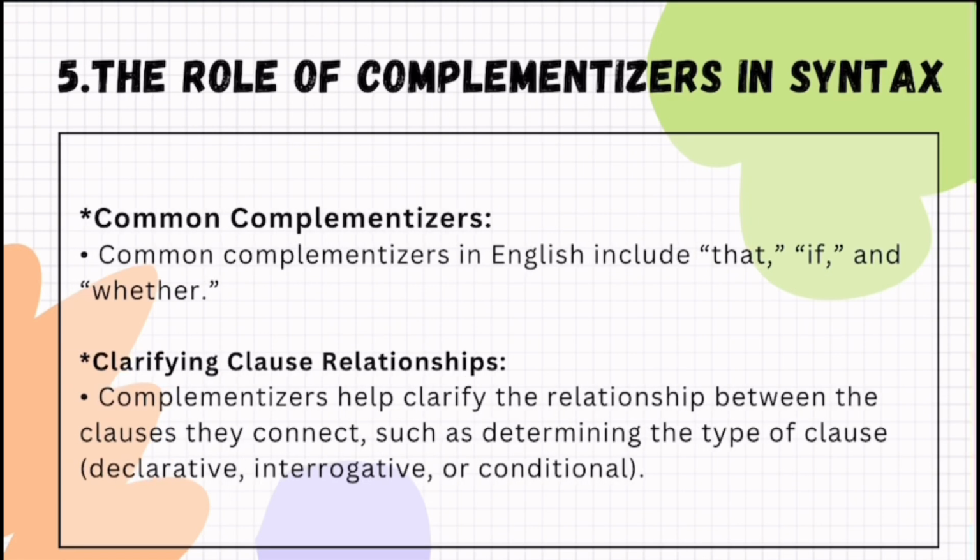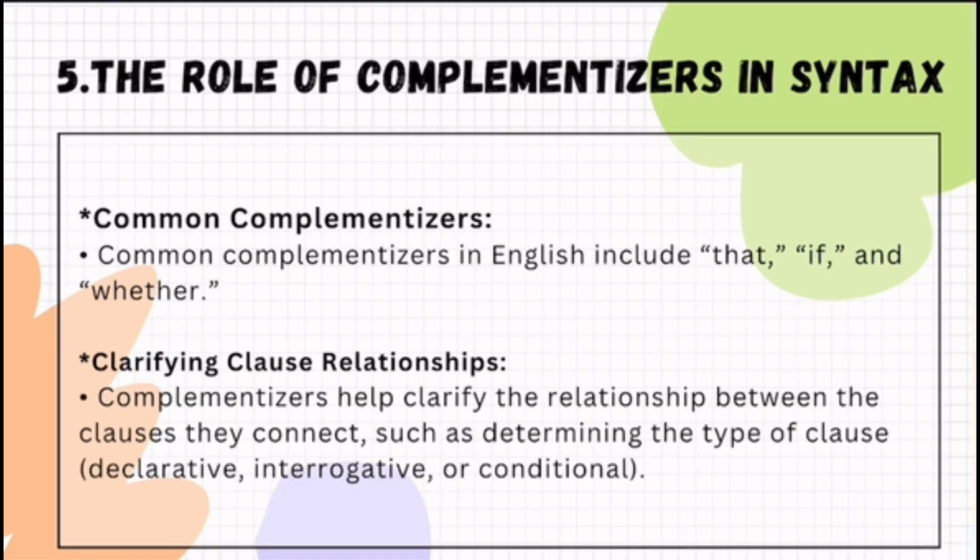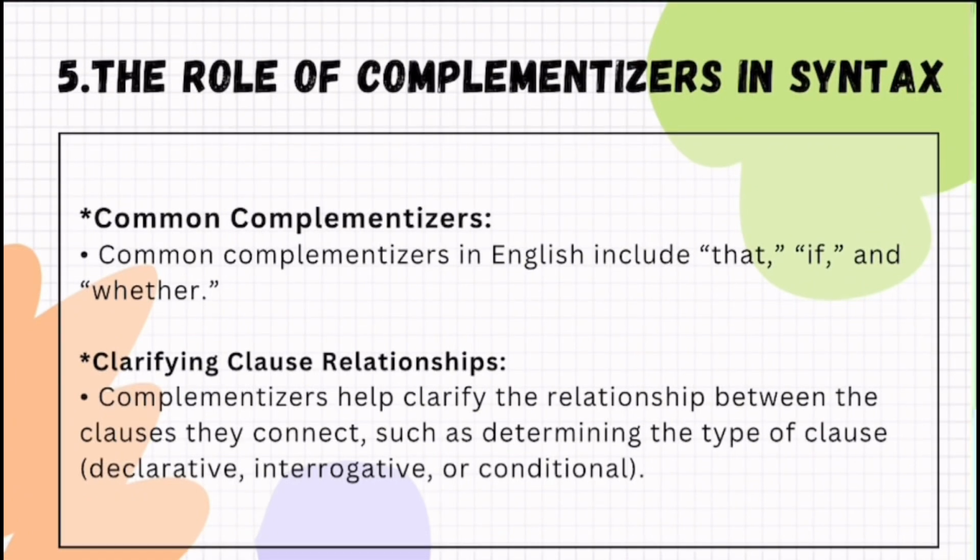And now I will discuss the role of complementizers in syntax. The first is that common complementizers in English include that, if, and whether. And secondly is clarifying clause relationships. Complementizers help clarify the relationship between the clauses they connect, such as determining the type of clause, including declarative, interrogative, or conditional. And next is position in X-bar theory.